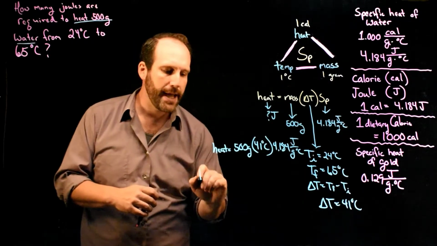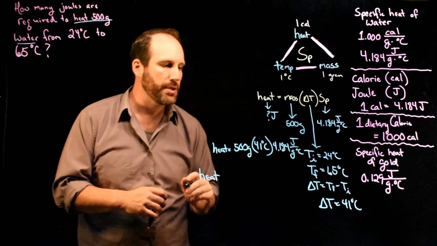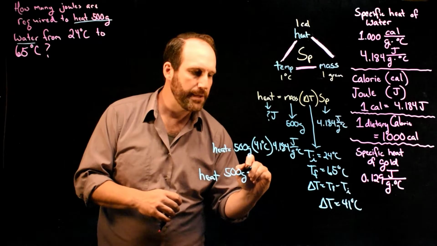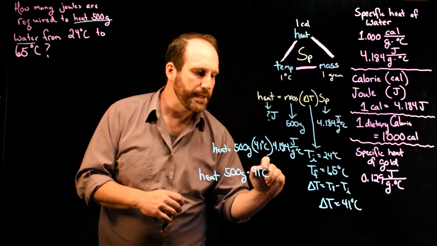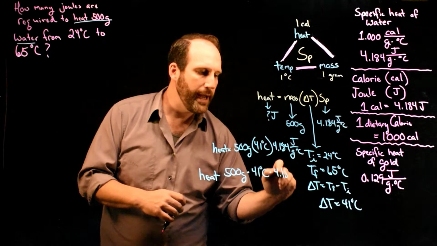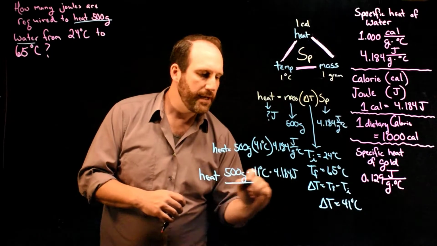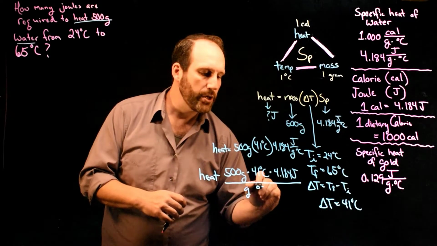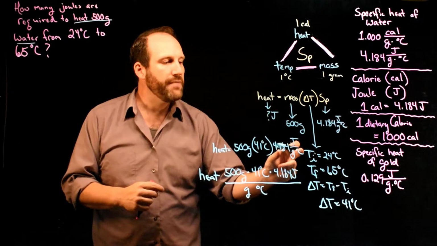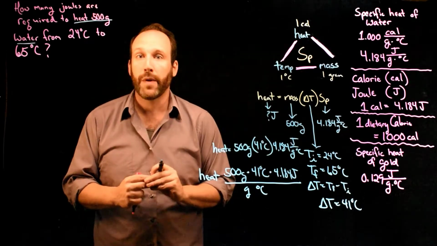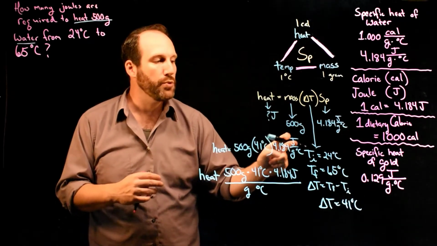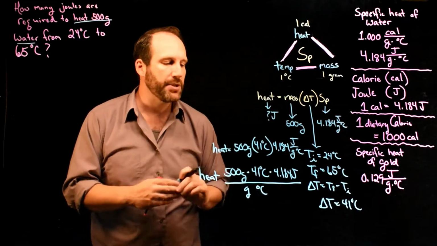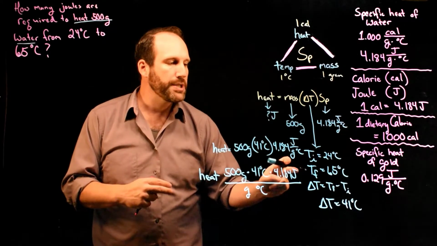Heat is going to be equal to 500 grams times 41 degrees Celsius times 4.184 joules divided by the units of grams and degrees Celsius, right? Because specific heat is joules per gram per degree Celsius, okay? So when I put all these numbers together, the joules will stay in the numerator here.